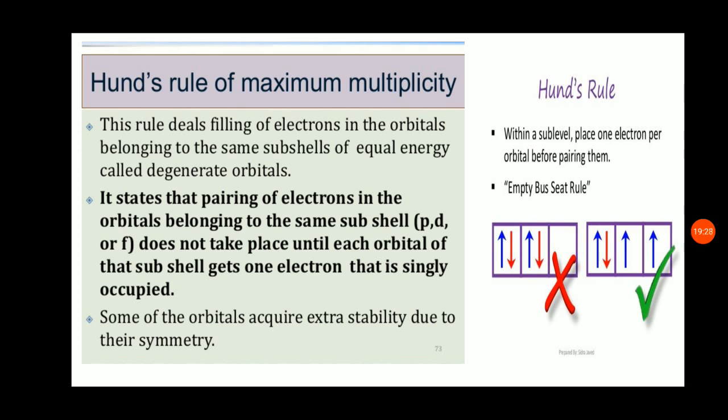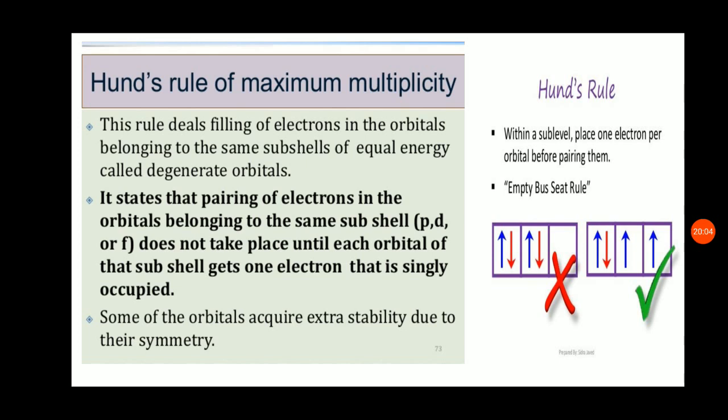Hund's rule of maximum multiplicity states that in filling p, d or f orbitals, as many unpaired electrons as possible are placed before pairing of electrons with opposite spin is allowed. Pairing of electrons requires energy. Therefore, no pairing occurs until all orbitals of a given subshell are half-filled.